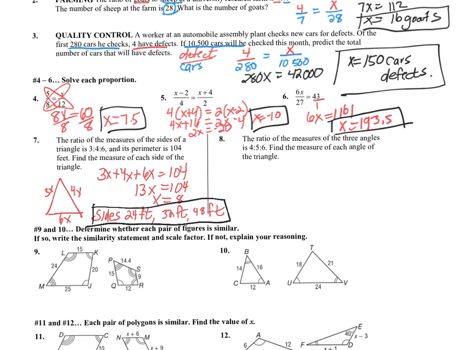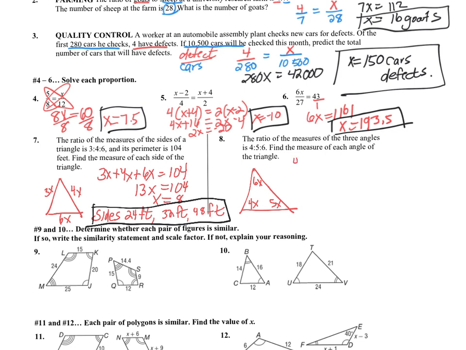Number 8, the ratio of the measures of 3 angles is 4, 5, 6, and we're going to find the measure of each angle of the triangle. So if we look at our triangle here, it's 4x, 5x, and 6x, and the sum of the interior angles of a triangle is 180.